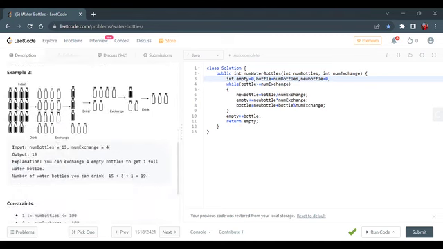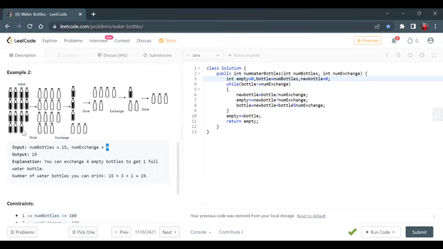Okay. Next, this question. In this question, you will be given 15 bottles, and here instead of 3, the num exchange they have given is 4. That means after you have emptied 4 bottles, you can get 1 bottle in exchange of 4 bottles. So see, since 15 bottles are there, how many groups of 4 can we make? Only 3 groups, right?